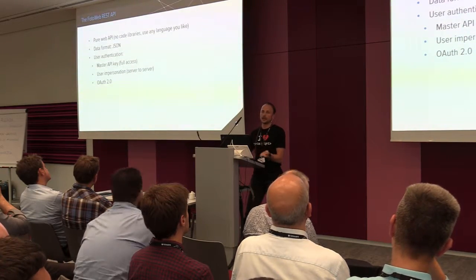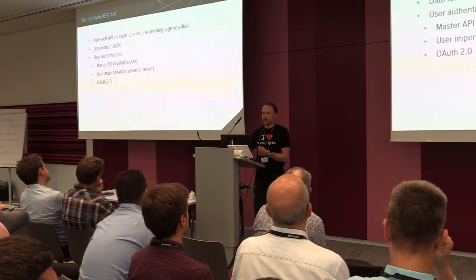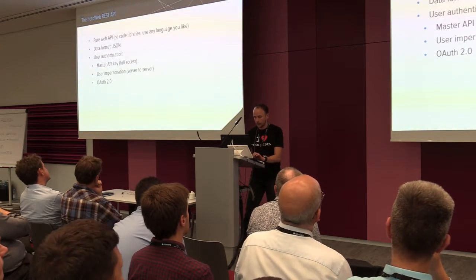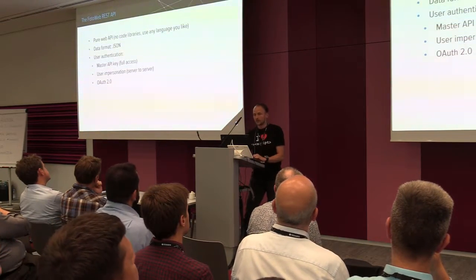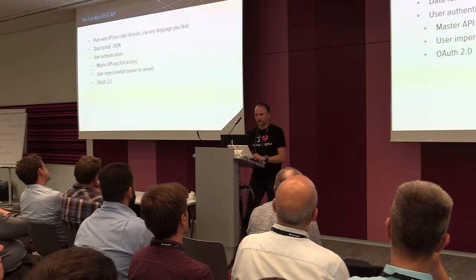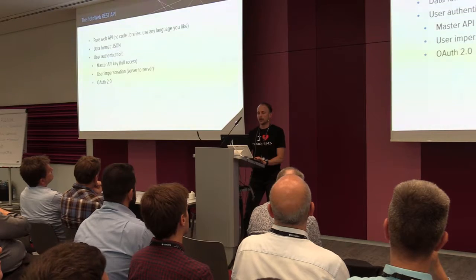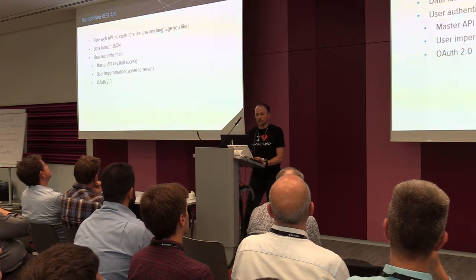So the most basic one is that you have a master API key, which is configurable. So let me just show you the configuration interface of FotoWeb. The first thing you need to do before you use the API is you go to settings, and are you seeing this?